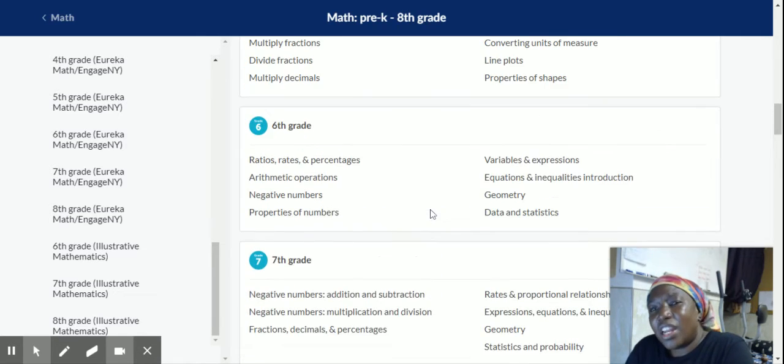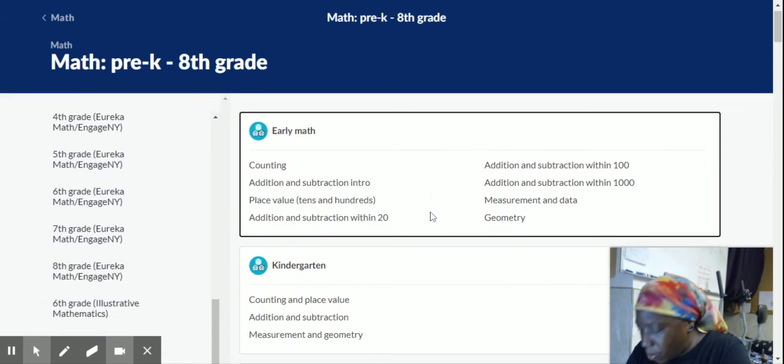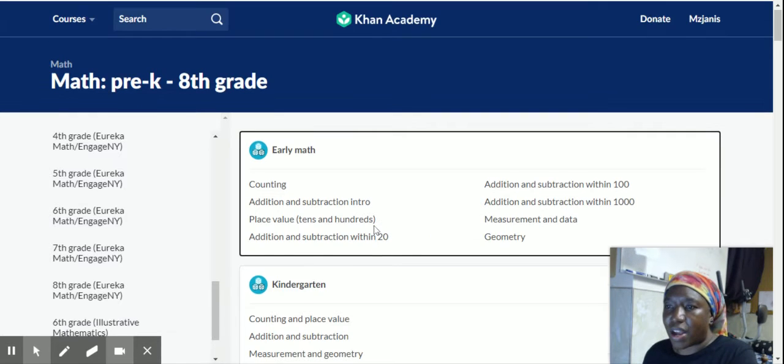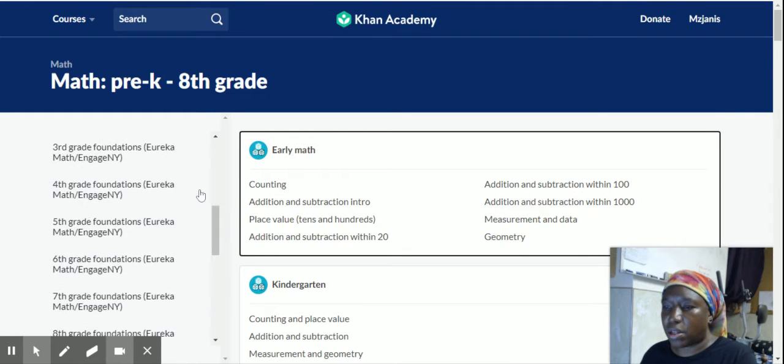Okay. And then I'm teaching too that when you get here, C59TMZ75, you start at early math. Let me do this.